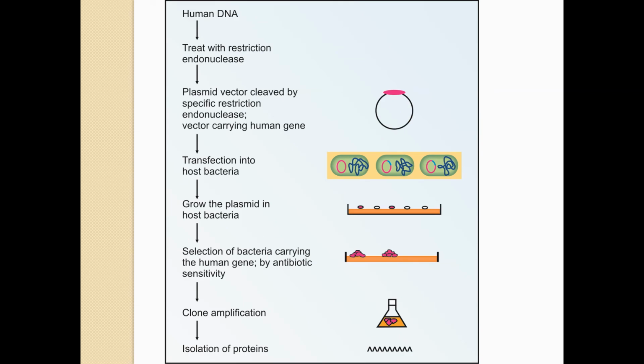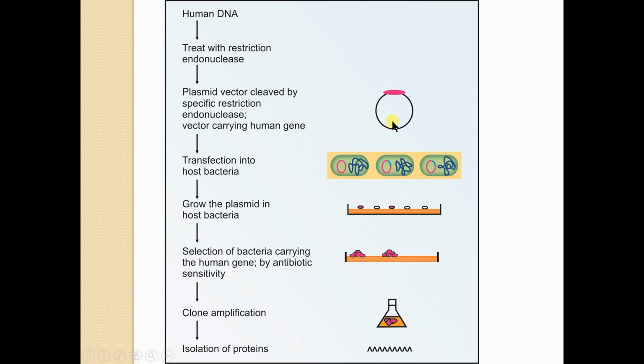This is the whole procedure of recombinant DNA technology. First we take the human DNA and treat it with the restriction endonuclease enzyme. Then we also take the plasmid vector, which is also cleaved by the same restriction endonuclease enzyme. This plasmid vector contains our gene of interest, a human gene.